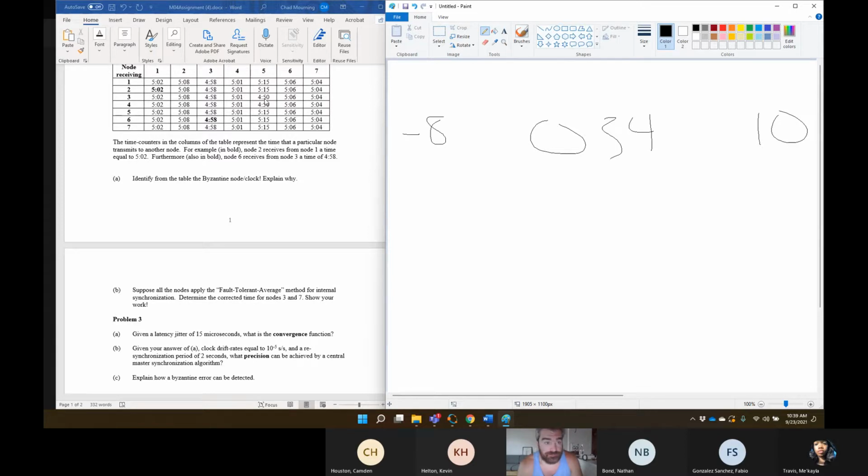It's one of those Byzantine ones. So that's why that one's going to be different for 3 and 7. That's why the FTA is not going to be the same. Clock 6 is plus 8. And clock 7 is plus 6. So get rid of the two most extreme ones.